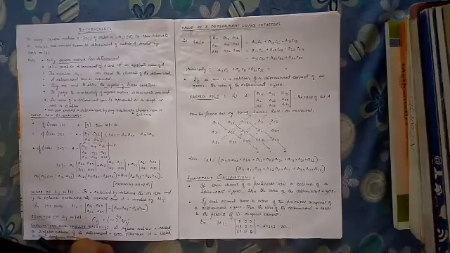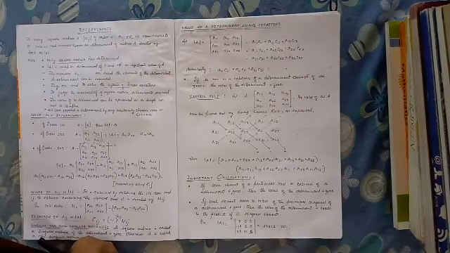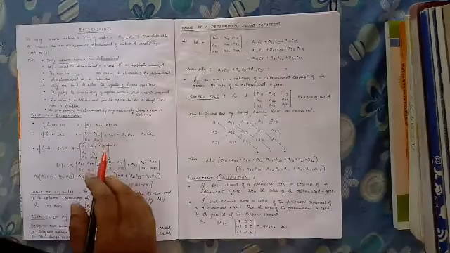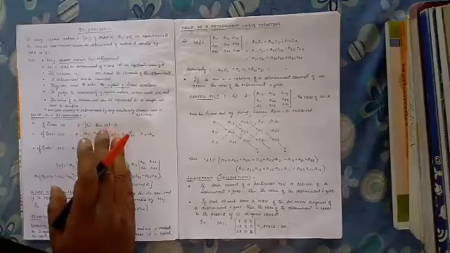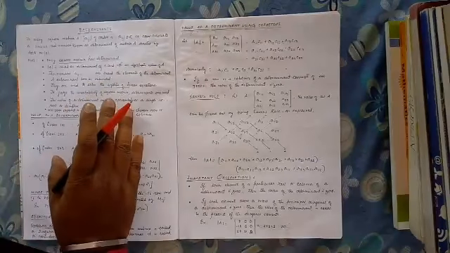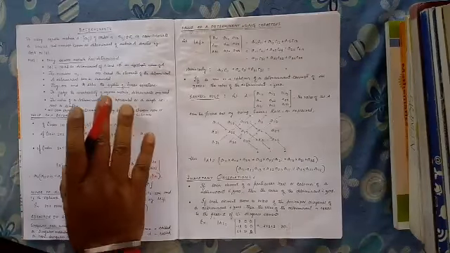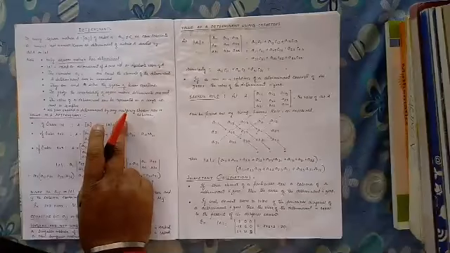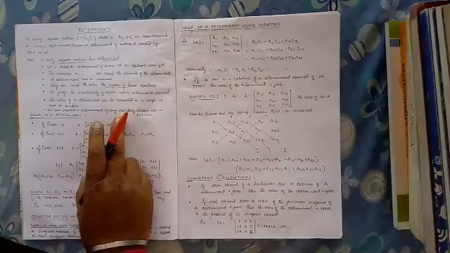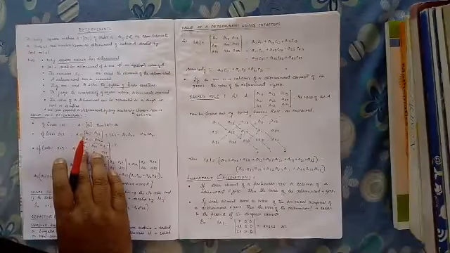To judge the invertibility of a square matrix, that is, whether the inverse of the matrix exists or not, we can judge this through the determinant.